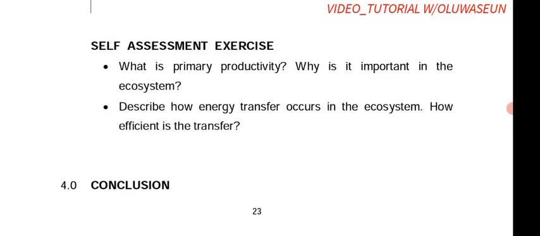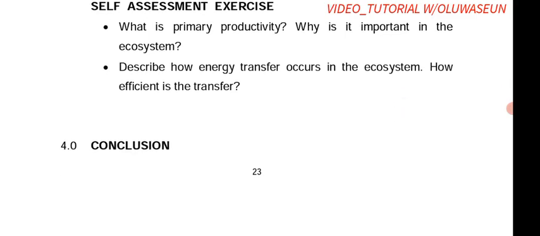Okay, this is one of the reasons why you will not see a food chain extending beyond 4 different types of organisms, because the energy must have been exhausted when it gets to the third one, when it gets to the fourth one, and this is what explains the pyramid of energy.